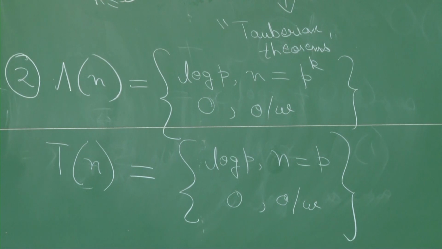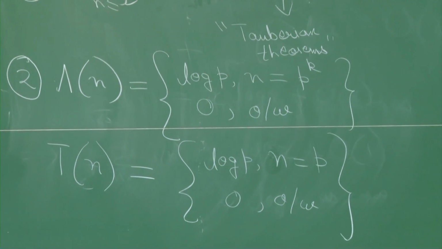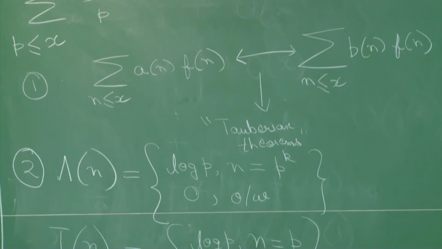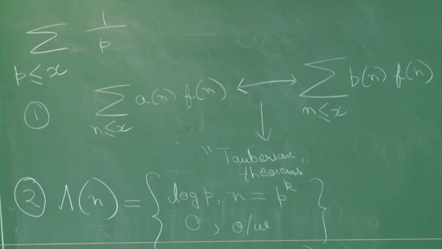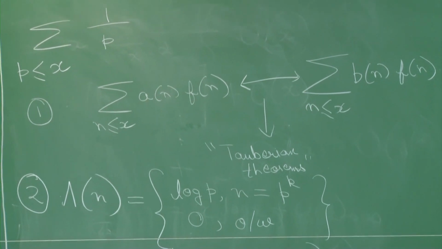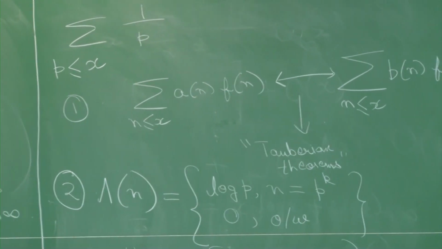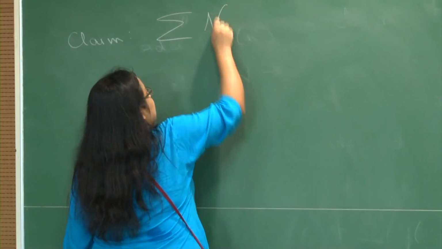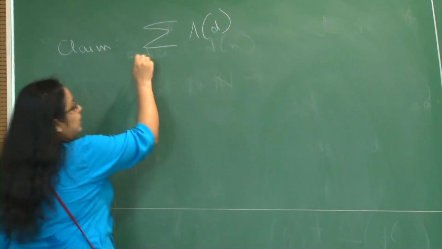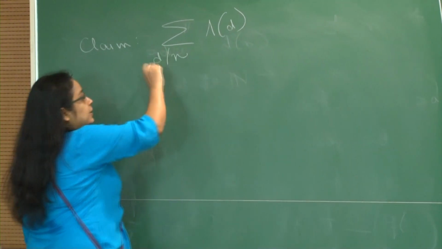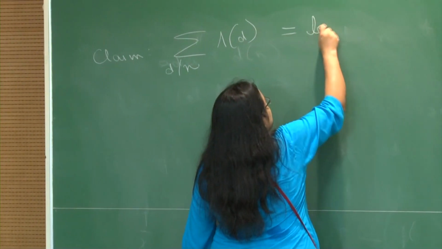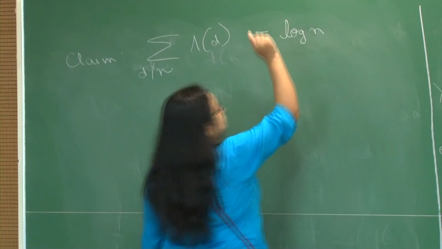Now, let us make some nice observations about these. Firstly, my claim is that for any natural number n, if I take the summation of lambda of d as you run over all the divisors of n, this turns out to be equal to log n.